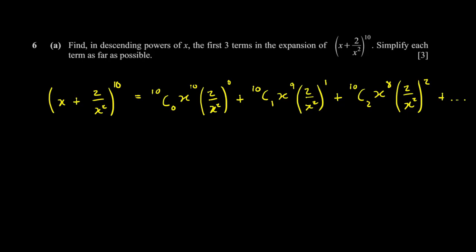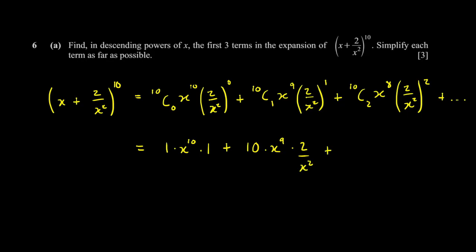All right, so now we just got to simplify this. So 10c0 is 1, x to the power 10, and 2 upon x squared to the power 0 is 1, because anything to the power of 0 is 1. 10c1 is just 10, x to the power 9, and then 2 upon x squared to the power 1 is just 2 upon x squared.